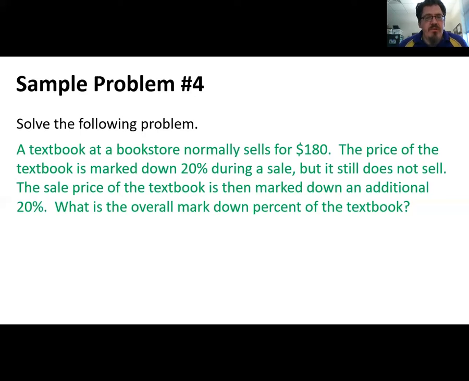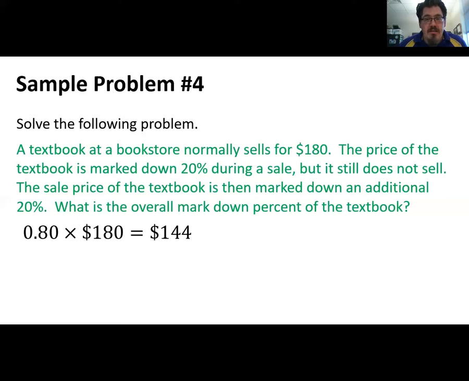Okay, so what we're going to do is start with that initial markdown. So initially it was marked down 20%. So in our problem, we're going to do 80% or 0.8 of the 180 to figure out what the sale price was. Okay, so again, we got that 80% by subtracting from 100%. So what this means is during that first sale, they were selling the book for $144.